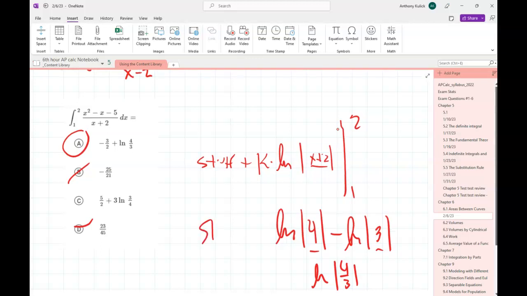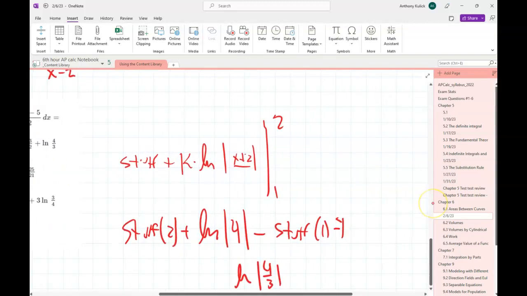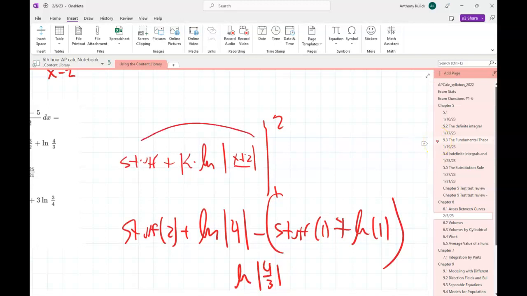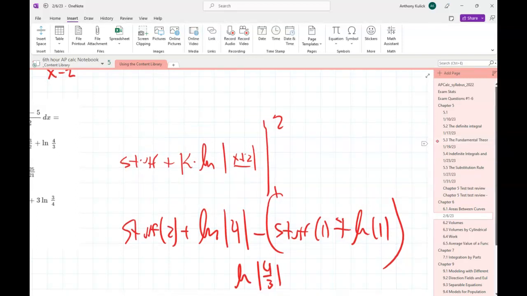Well, it's going to be stuff evaluated at 2 plus that, and then I'll have minus stuff evaluated at 1. When I'm doing the definite integral, I take my answer and evaluate it at 2 and then minus it evaluated at 1. Right, yes. So when I plug the 2 in for x plus 2, I have 4. When I plug the 1 in for x plus 2, I get 3.